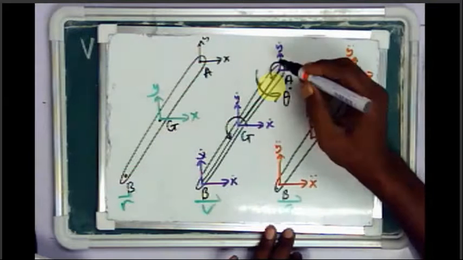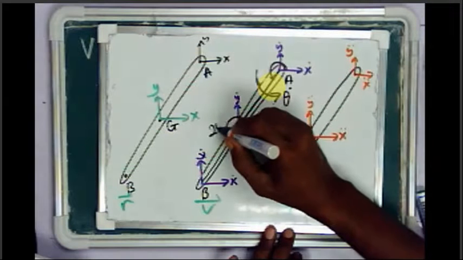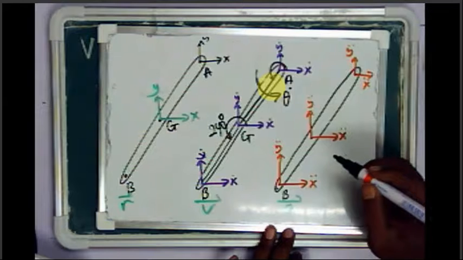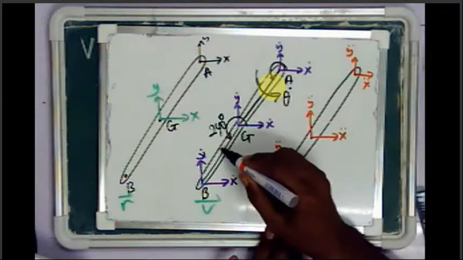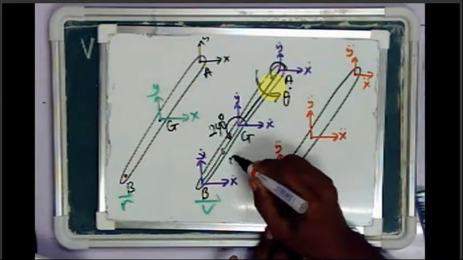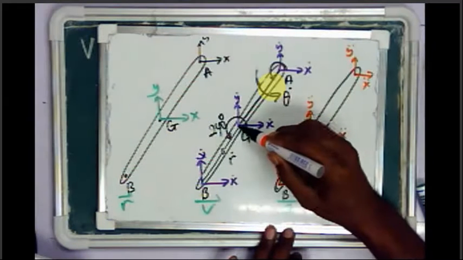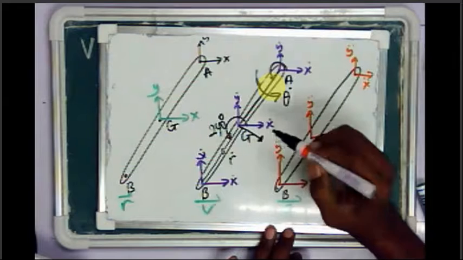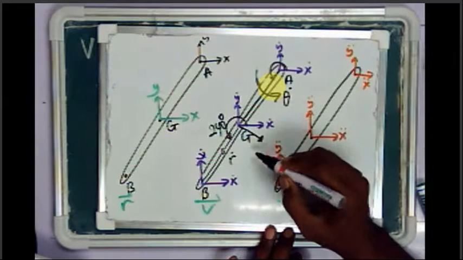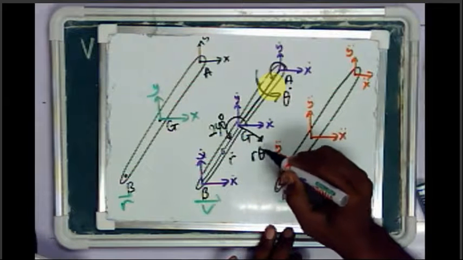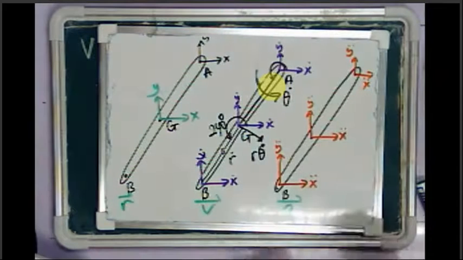We have shown that this angle is 240 degrees, and the r component will be given by r dot, and the angular component will be r theta dot, right?